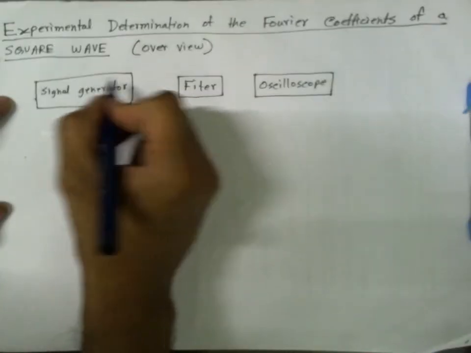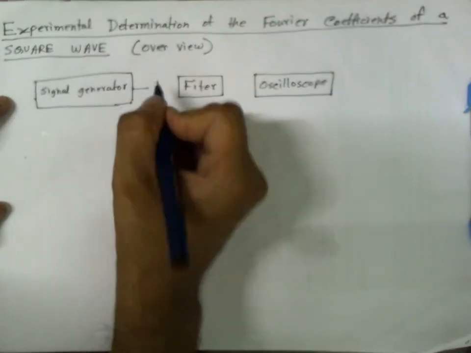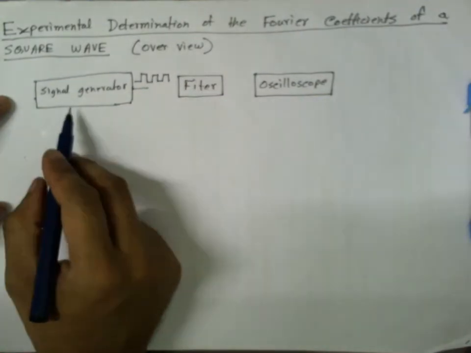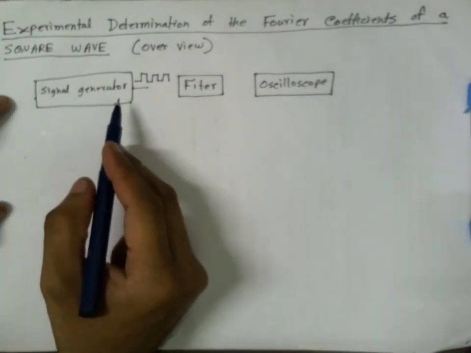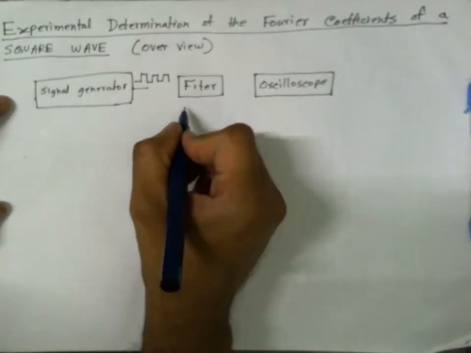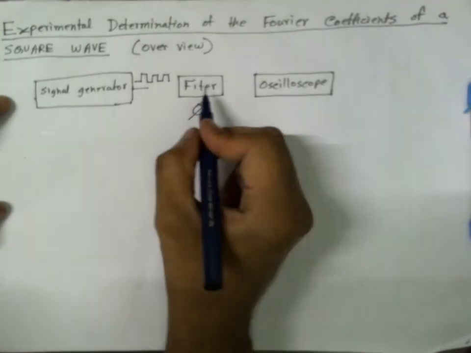So what we will do, we will generate a square wave out from the signal generator, and then we need a tunable filter.